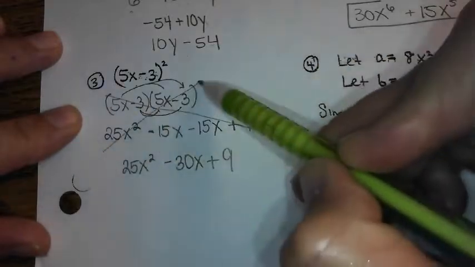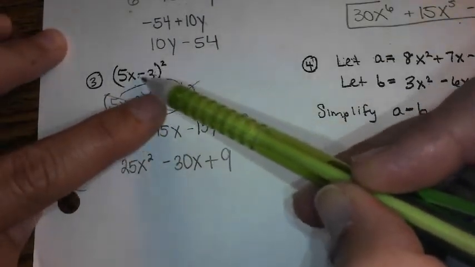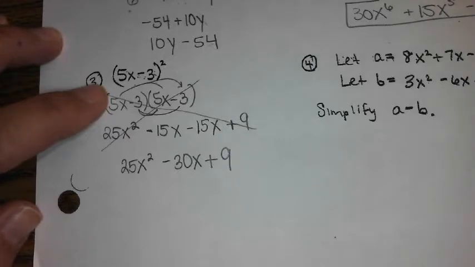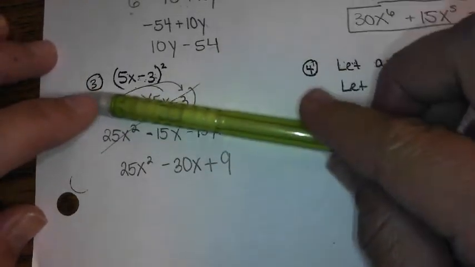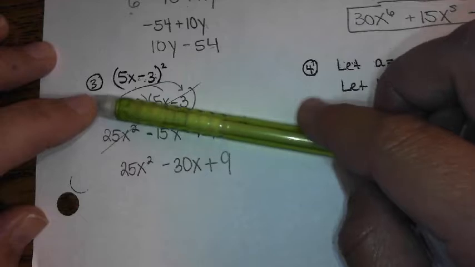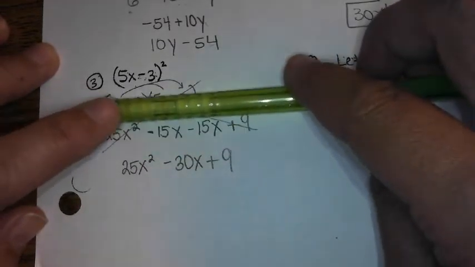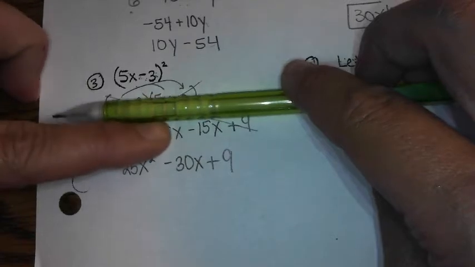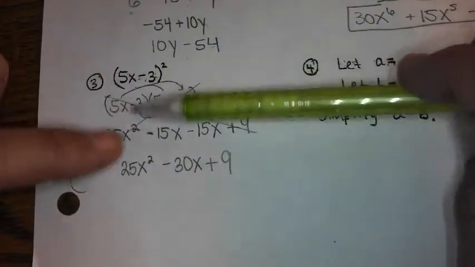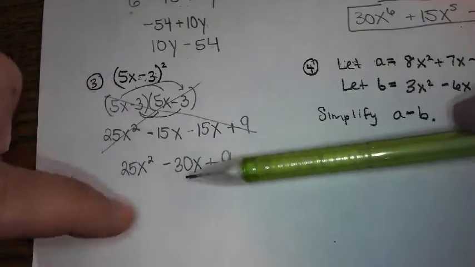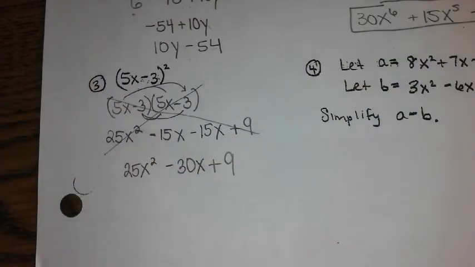If we wanted to kind of eliminate that, how does this negative 30 arise? If we wanted to get out of the habit, because we're going to have to do this a lot and it just takes more time, and I'm all about being efficient. If we wanted to get rid of these two steps of work, obviously we can get the 25x squared with the first term, then plus 9 with the last term. Where could we get that negative 30 from?